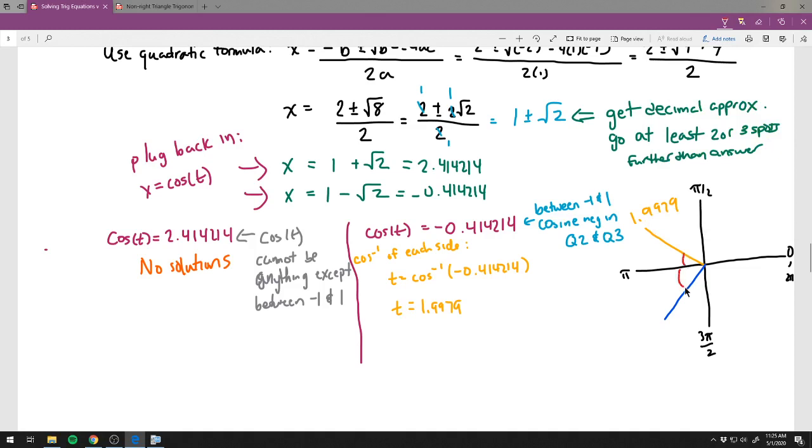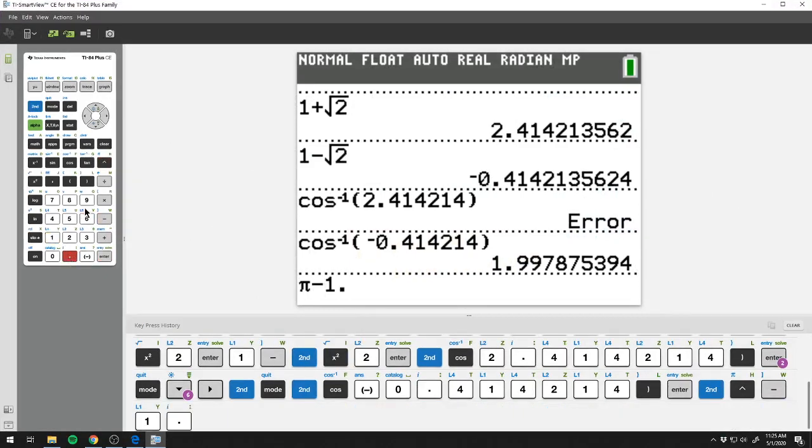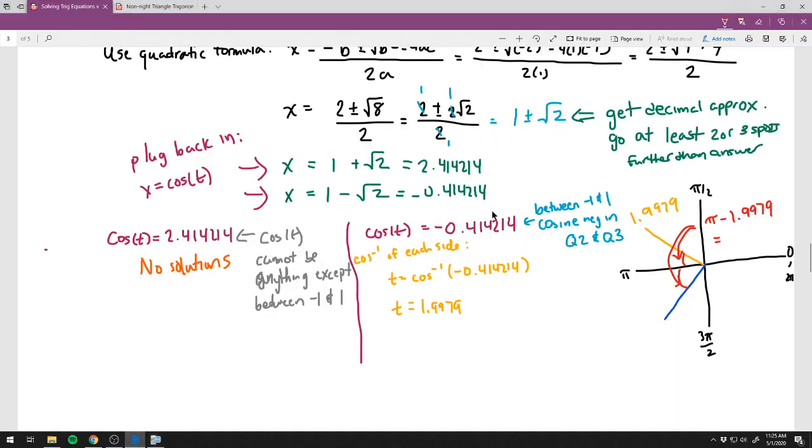So we figure out our reference angle once again, the same way we've done probably 50 times in these videos by now. We've got pi minus 1.9979, and we get 1.1437. 1.1437 is our reference angle.